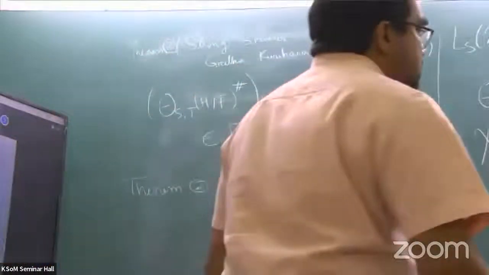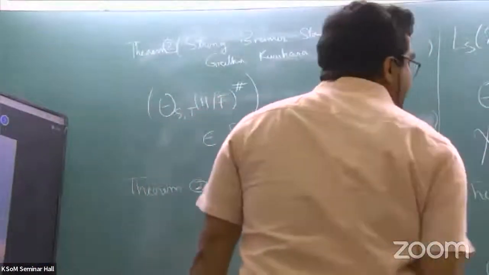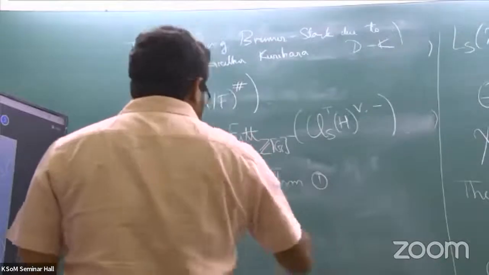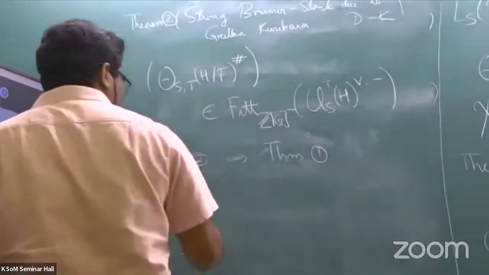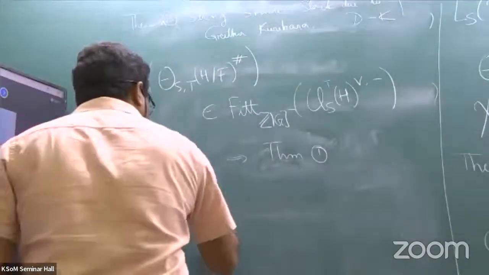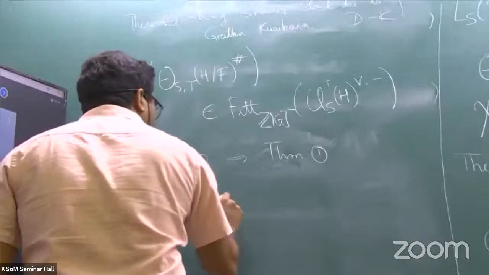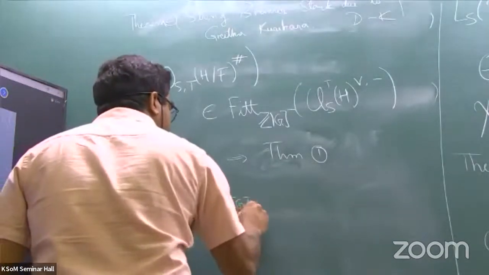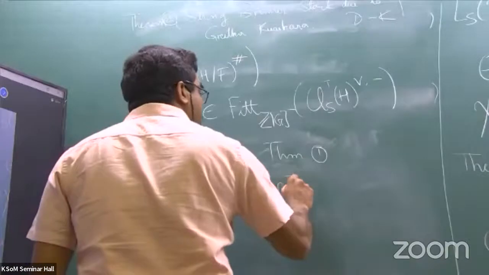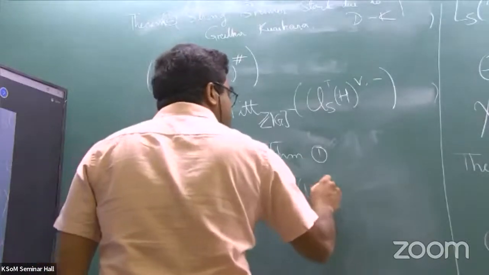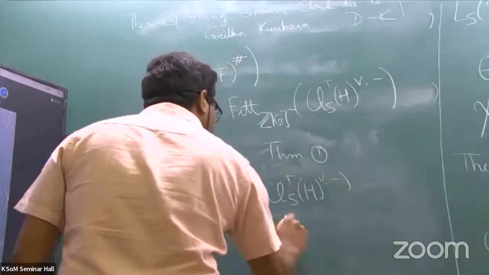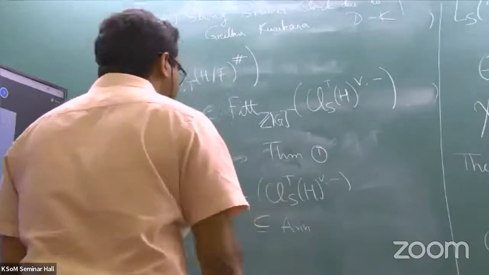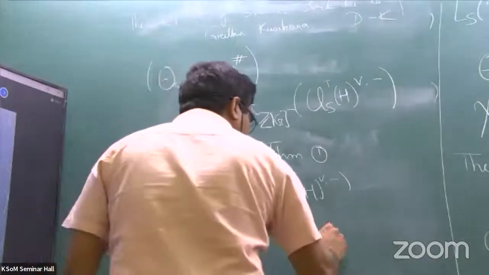From this, I want to deduce something about the annihilator. So here are three facts. First is the Fitting ideal. These are all well-known facts about ideals and annihilator ideals and so on. The Fitting ideal is always contained in the annihilator.